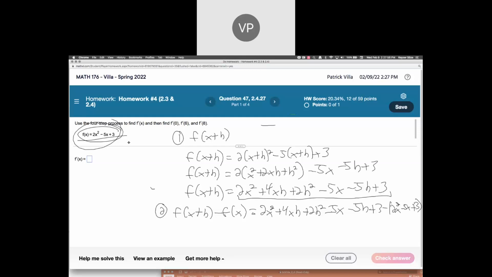Okay, a little tight, but we'll make it better here in a second. So this is what we're calculating right now, the second step, f of x plus h minus f of x minus the original function. So I have a 2x squared plus a 4xh plus a 2h squared minus a 5x minus a 5h plus a 3, and then distribute the negative.